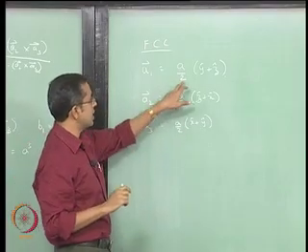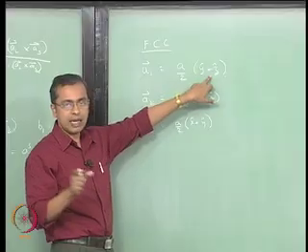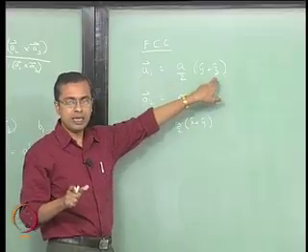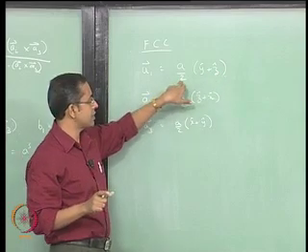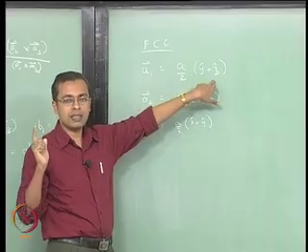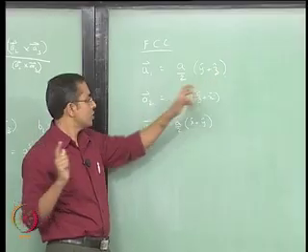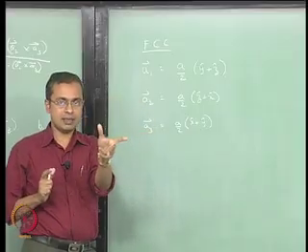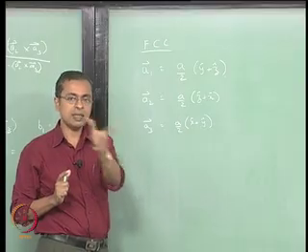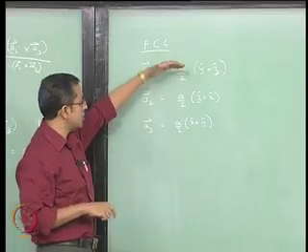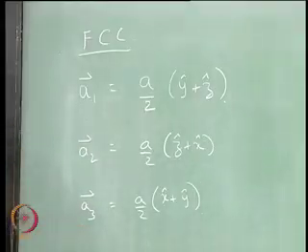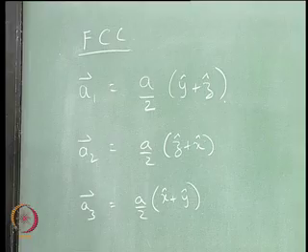This vector goes to a face center halfway between: if you travel half a unit vector along the y axis and half a unit vector along the x axis, you have reached a face centered location. So the origin connected to the 3 face centers forms the unit cell we are interested in, and on that basis you can build the rest of it. These are the unit vectors that we would select in real space corresponding to a face centered cubic structure.